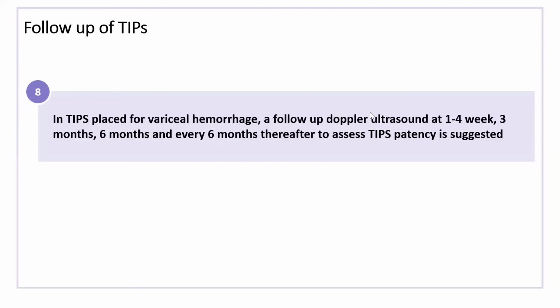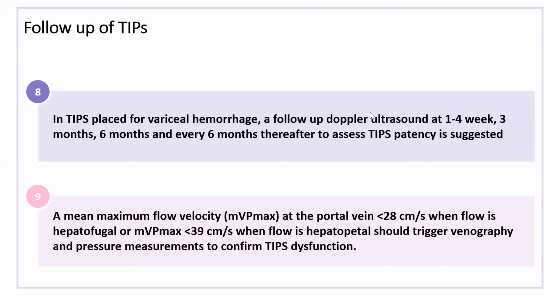Doppler ultrasound can be done at 1 to 4 weeks, at 3 months, at 6 months, and every 6 months thereafter. And typically for the latter, I combine it with HCC screening. Now, we can look at the velocity in the portal vein and the direction of the flow to determine whether there is TIPS dysfunction.